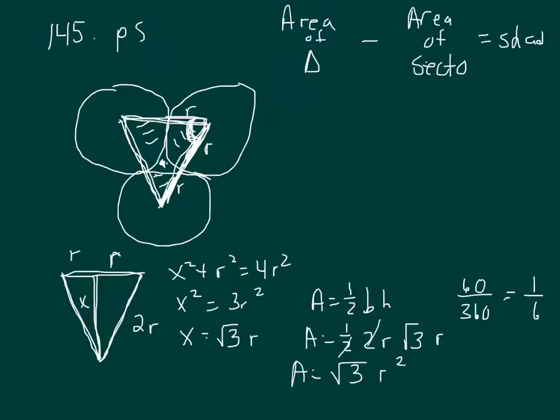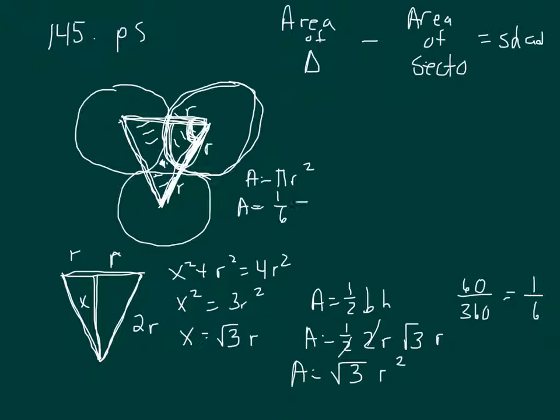So what I have now, the area of that whole circle would be, well, area of a circle is pi r squared. So the whole thing is pi r squared, but this sector here is only 1/6.